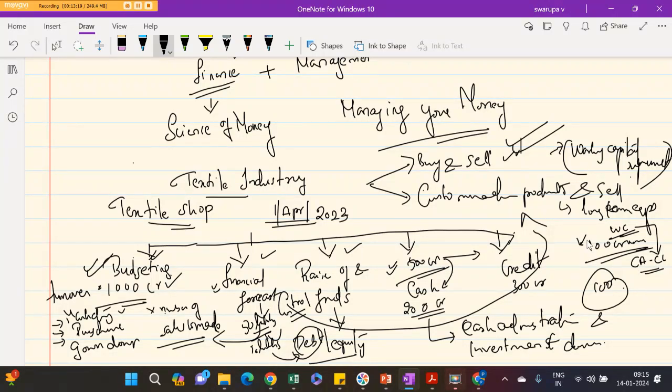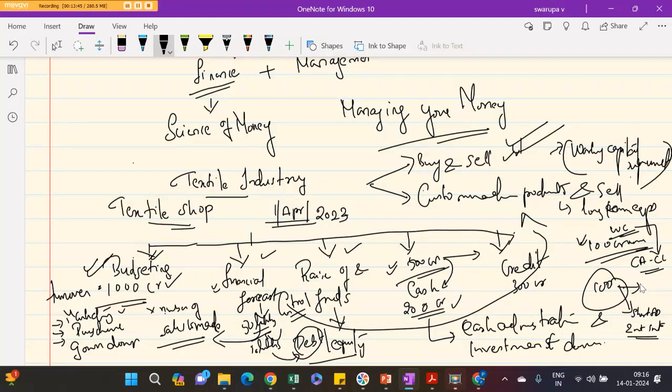So my liquid cash requirement, I am assuming it to be only 100 crores, whereas from the current sales I have got 200 crores. So we have to make an investment decision there. The balance 100 crores, there are two ways in which you can invest. You can invest in short term FDs, short term deposits of like 2 months or 3 months.